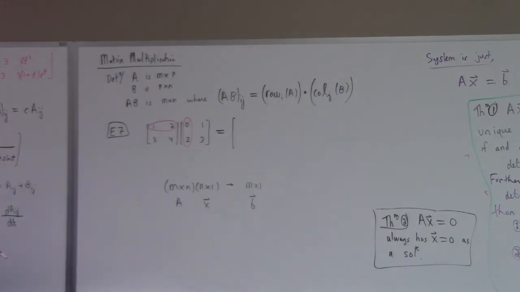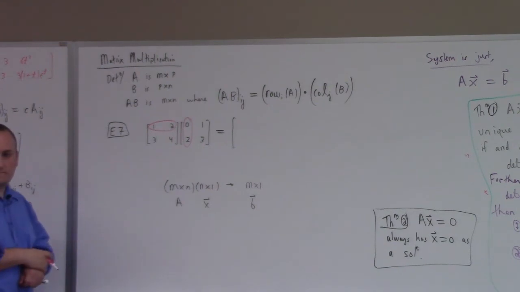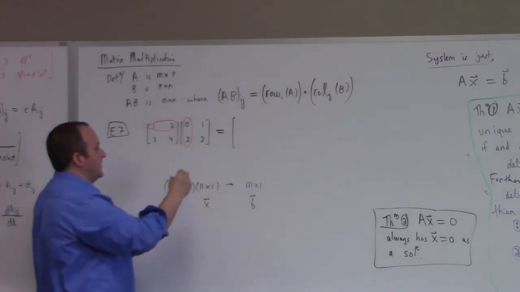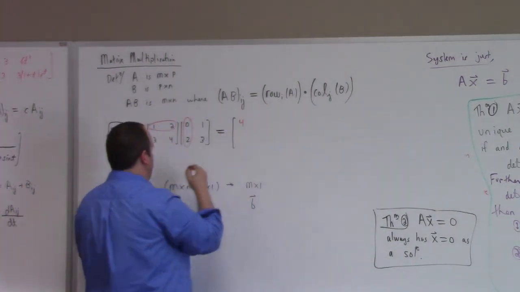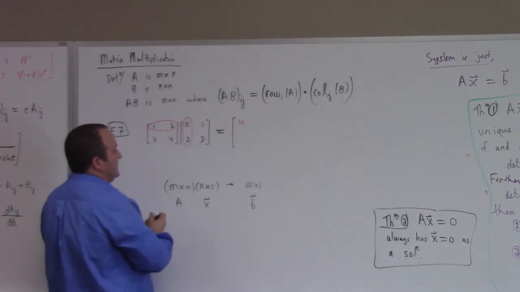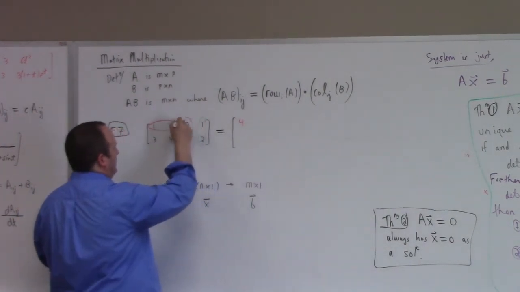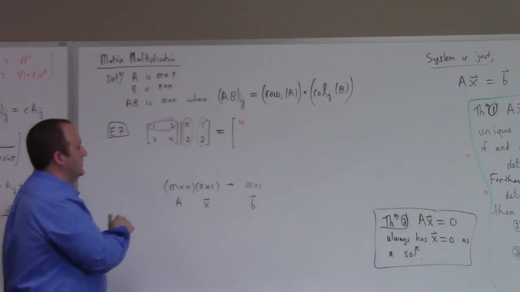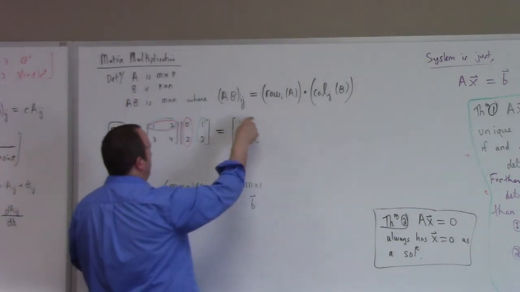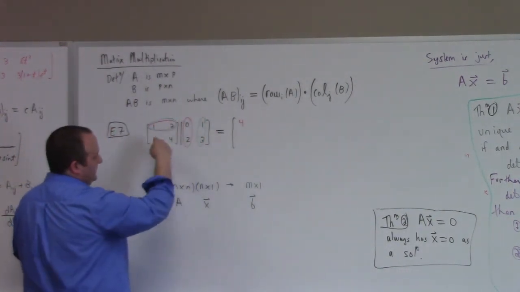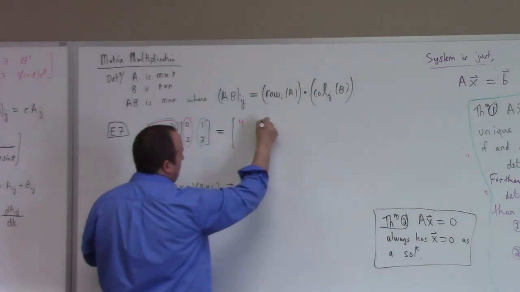What happens when you take the dot product of 1, 2 with 0, 2? What do you get? 4, right? Then we take the dot product of 1, 3 with 1, 2, right? So 1 times 1 gives me 1. 2 times 3 gives me 6. 1 plus 6 is 7.